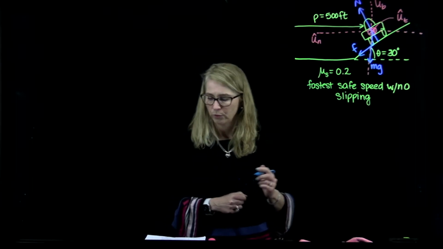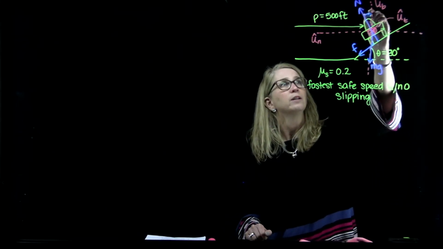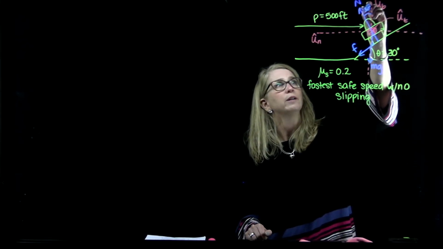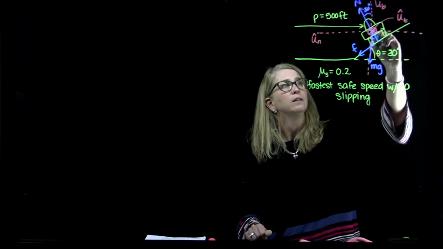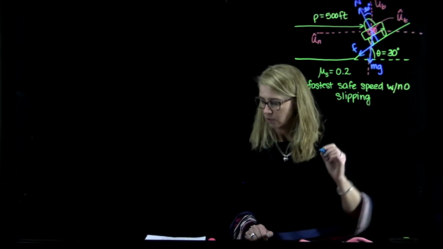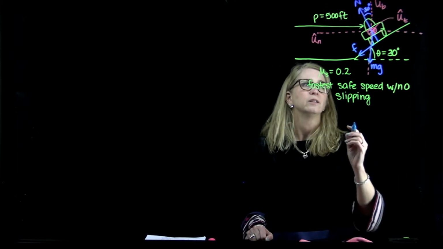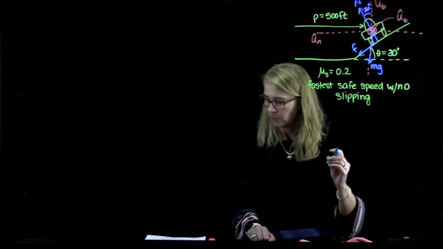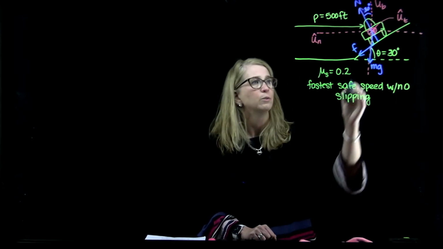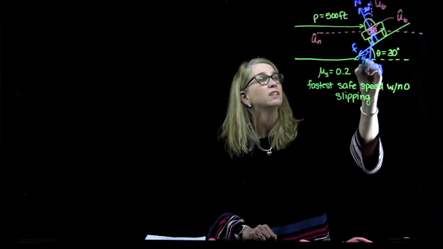And just to clarify, this angle here is going to be the 30-degree angle, and then the weight is, of course, along that direction, and the angle between, so this angle here is 30, so this angle right here is 60.